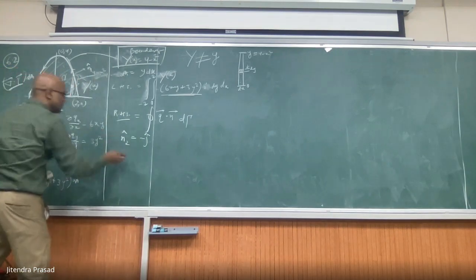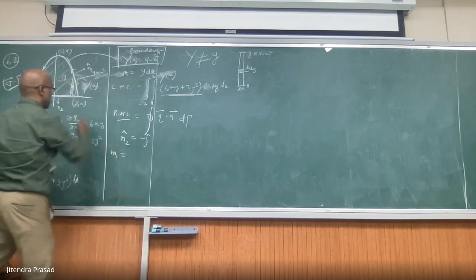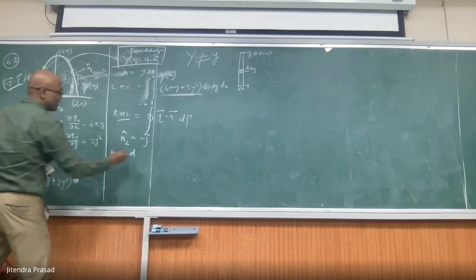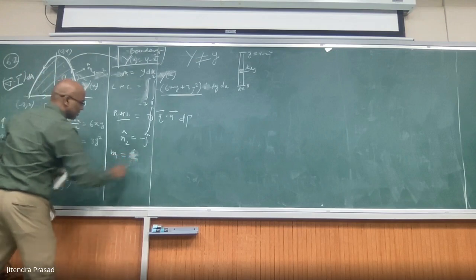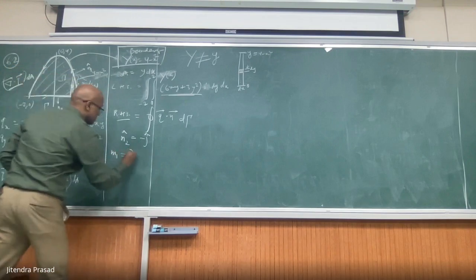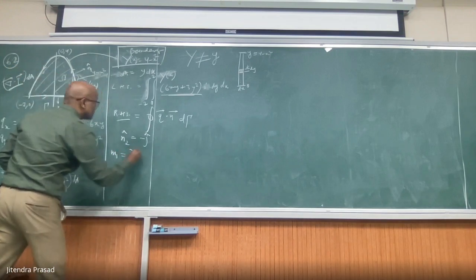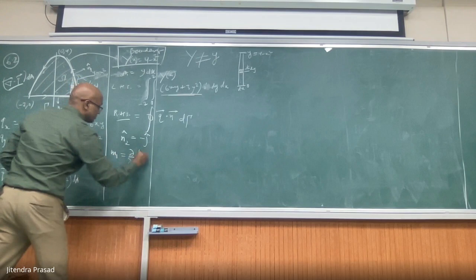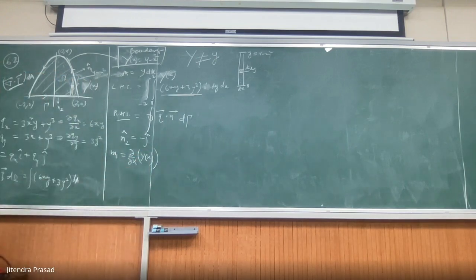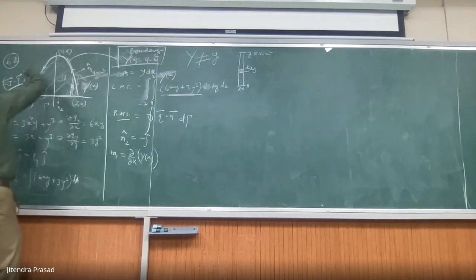For this one, it will be m1, which is the slope of this curve, d y over d x, right? This will be the gradient of this curve, right? It will change.